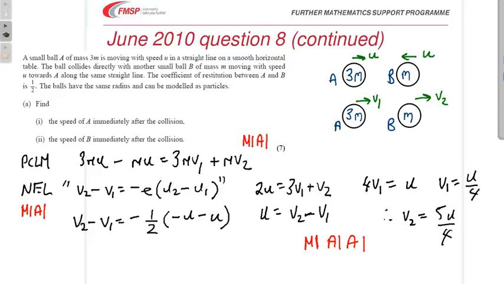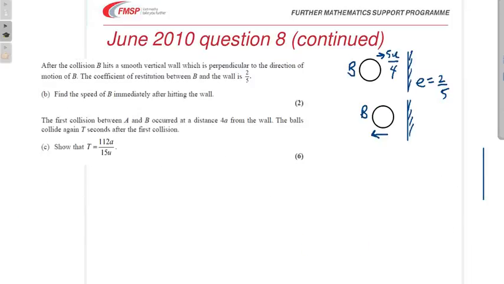On to part B of the question. Part B, simple little one, just for 2 marks. Find the speed of B immediately after hitting the wall. So B goes on and hits a smooth vertical wall. Here's B travelling with a velocity of 5u over 4, hits the wall which is fixed, and e is 2/5.